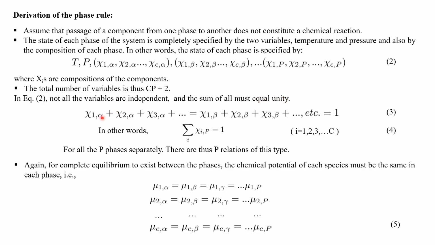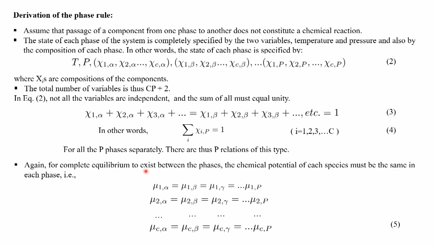If we add all the components x1, x2, x3 in the alpha phase, the sum equals 1, and likewise for the beta phase and so on. In other words, the sum over i of xi in phase p gives 1, where i goes over the components 1, 2, 3 and so on. For all the P phases separately, there are thus P relations of this type.